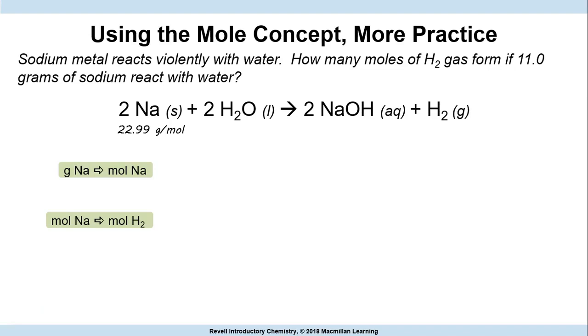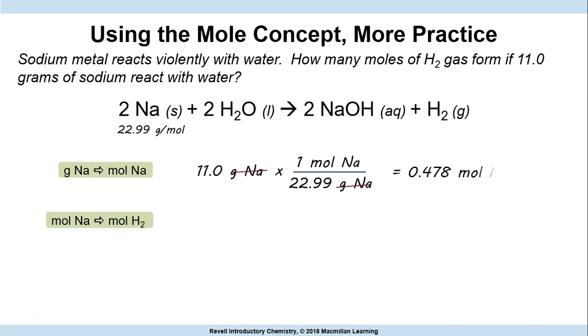For the conversion factor, we will have grams at the bottom so that they will cancel out. Now we have 11.0 grams of sodium times the conversion factor, 22.99 grams per mole, with the grams at the bottom. You see that the grams of sodium will cancel out, and we are left with moles of sodium.